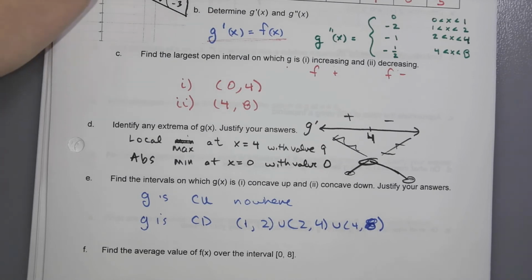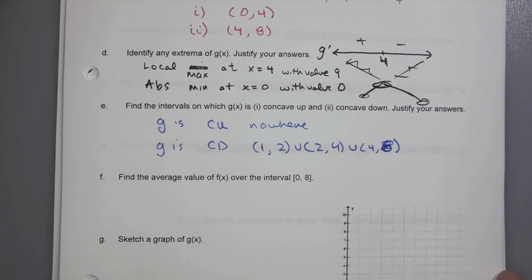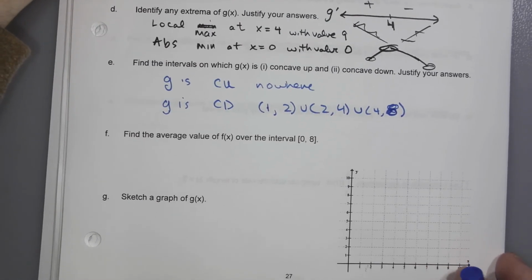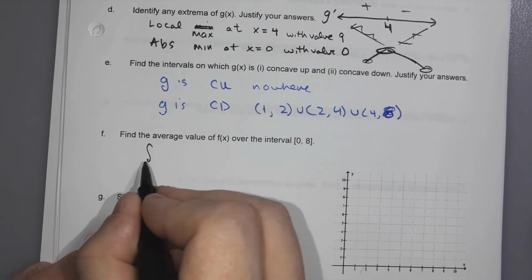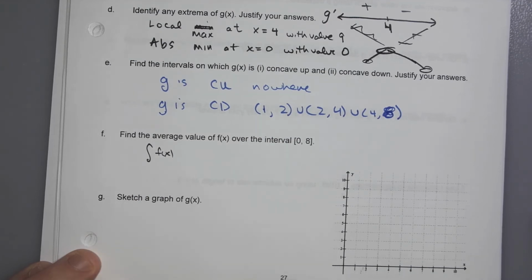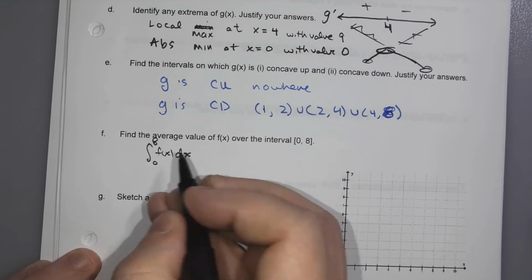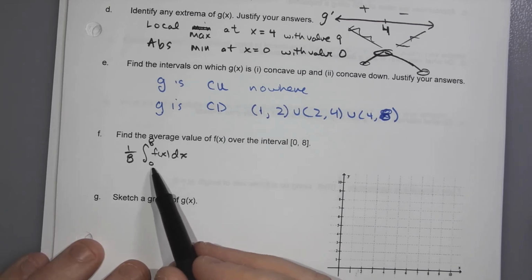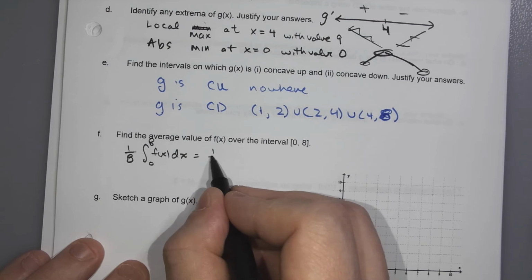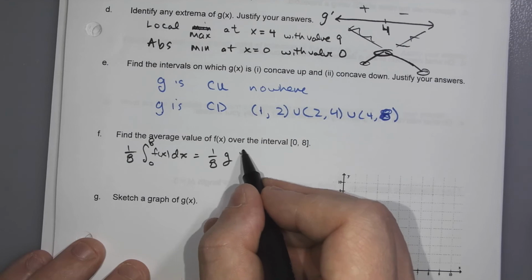Okay, next part is to find the average value of f of x over the given interval. So the average value would be adding up f of x between 0 and 8 with respect to x, and then dividing by the length of the interval, which is 8. Finding the area from 0 to 8 is equivalent in our problem to just simply finding out what is g of 8.